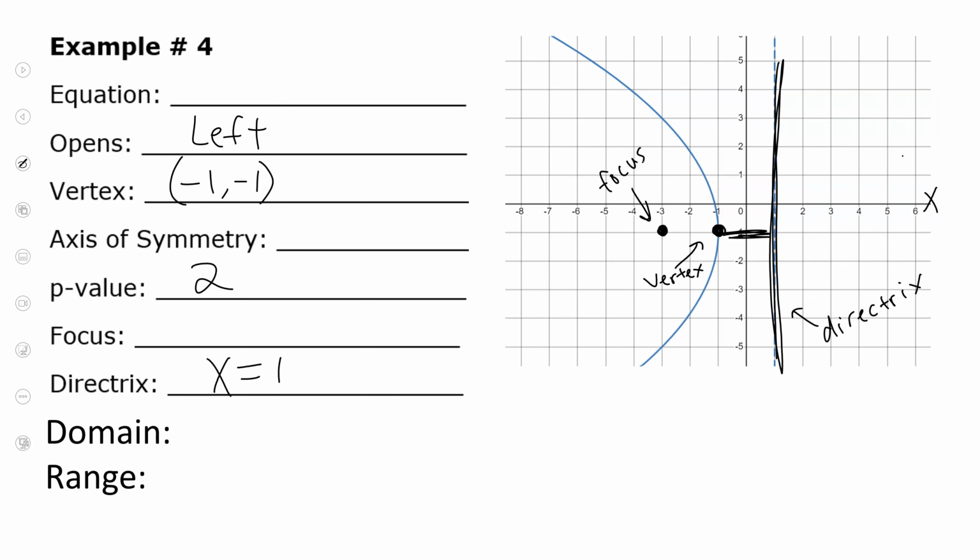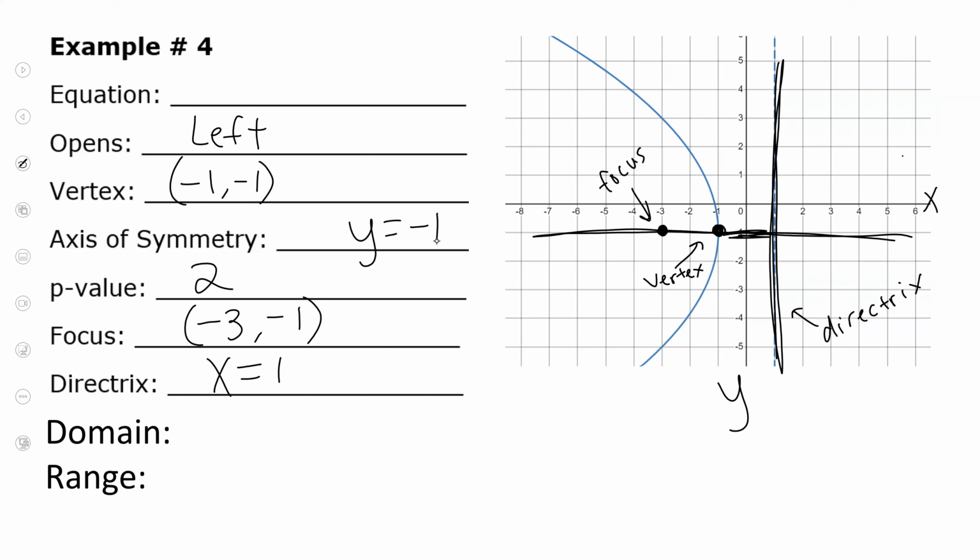So my focus is at -3, -1. And my axis of symmetry, if I split this down the middle, it crosses the y-axis at -1. So that is all the information that I pulled from my picture.